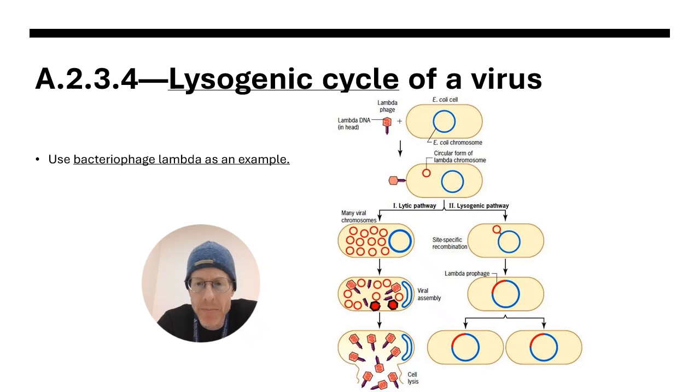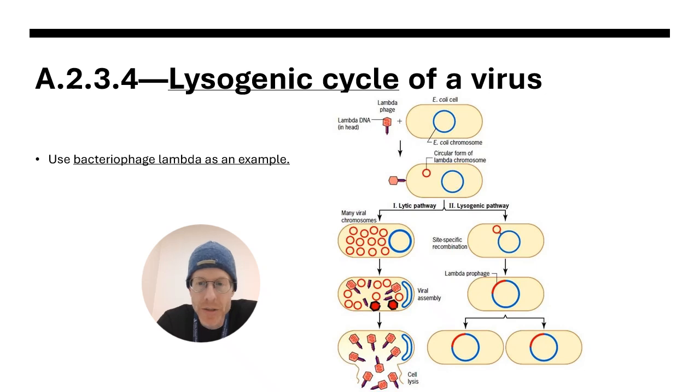In this cycle, the inactive viral DNA that's part of the bacterial DNA is called a prophage. Now, the virus can become active and switch to the lytic cycle.